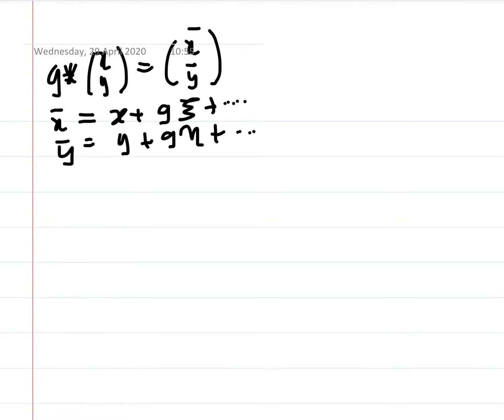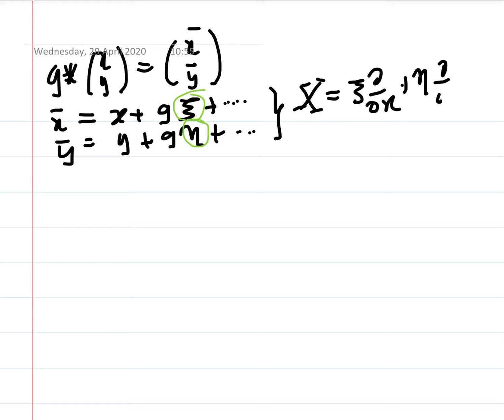This is using an expansion. And we of course notice that the coefficient of g to the 1 provides us with the coefficients in the vector field that represents the tangent vectors to the curves of this one-parameter Lie group of transformations, i.e. the vector field X is xi d by dx plus eta d by dy.